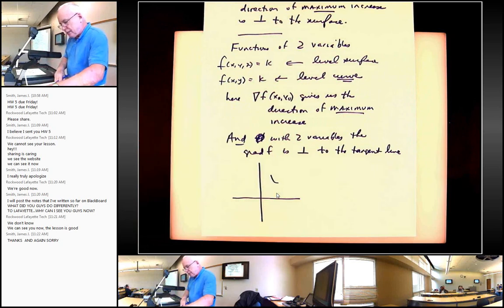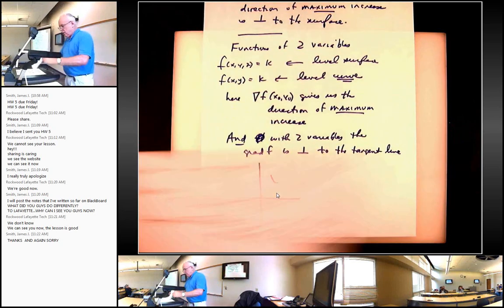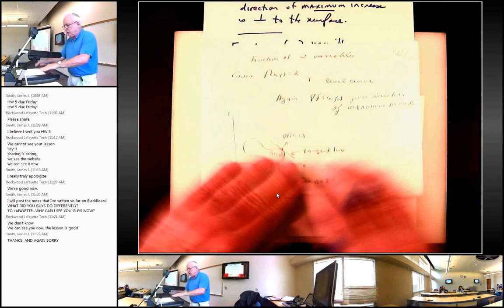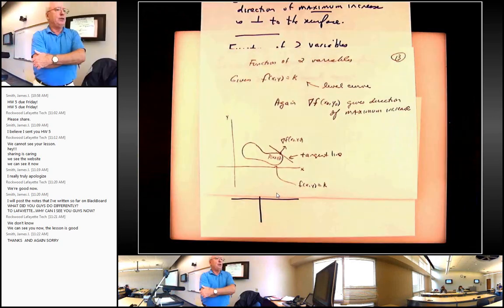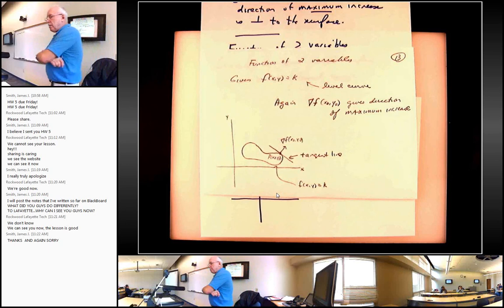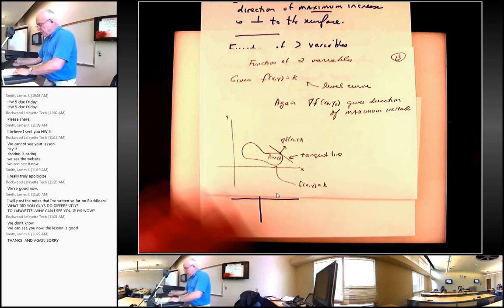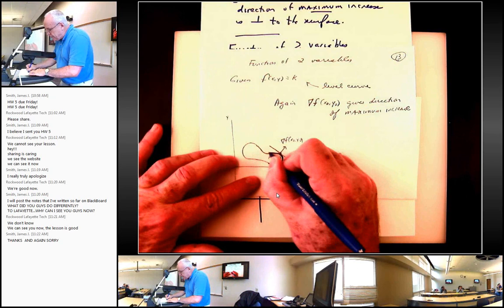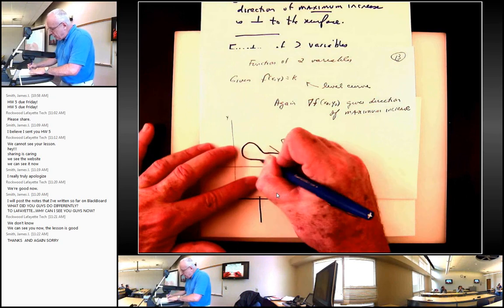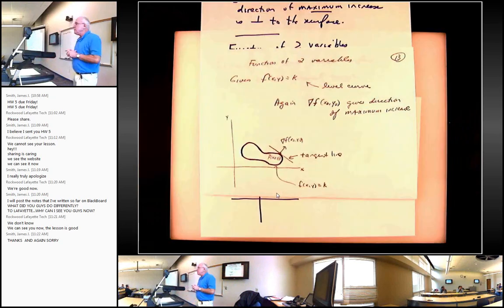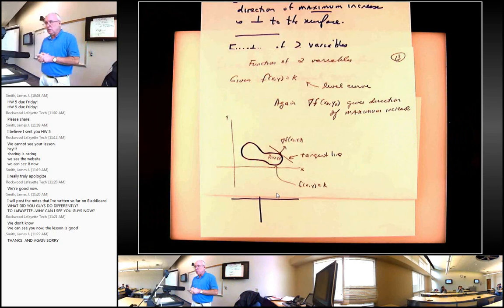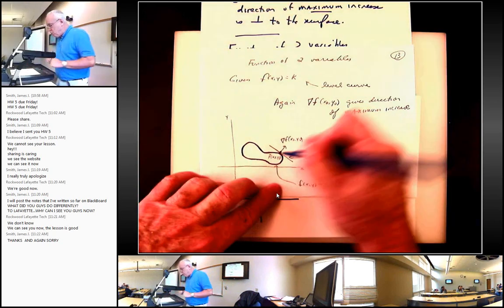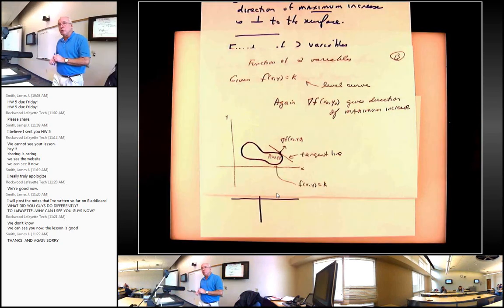Actually, let me just put the thing up here. Basically what I have here is an XY plane. We have a function of two variables. So right along this contour curve right here, the function of two variables is equal to a constant. All right, so we have a contour surface. And let's look at this point right here on the curve.